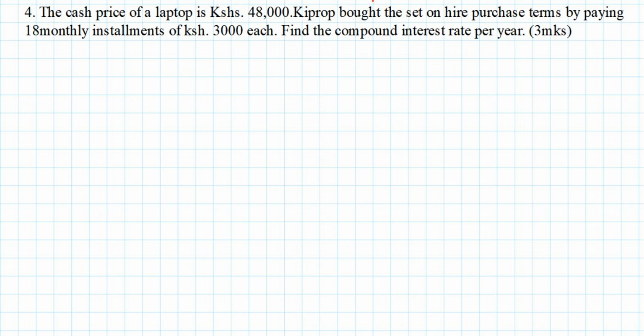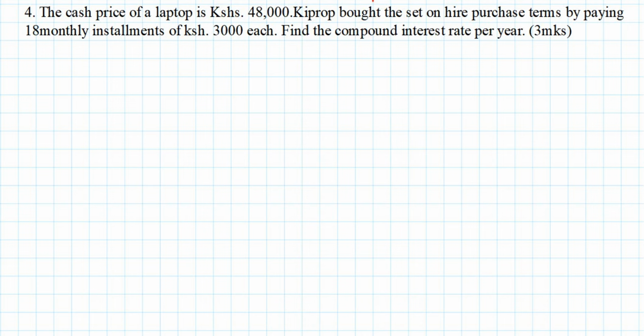But in this particular case, you realize that for Kiprop, he did not pay any deposit. And since he did not pay any deposit, he took the laptop and started paying in terms of the installments.